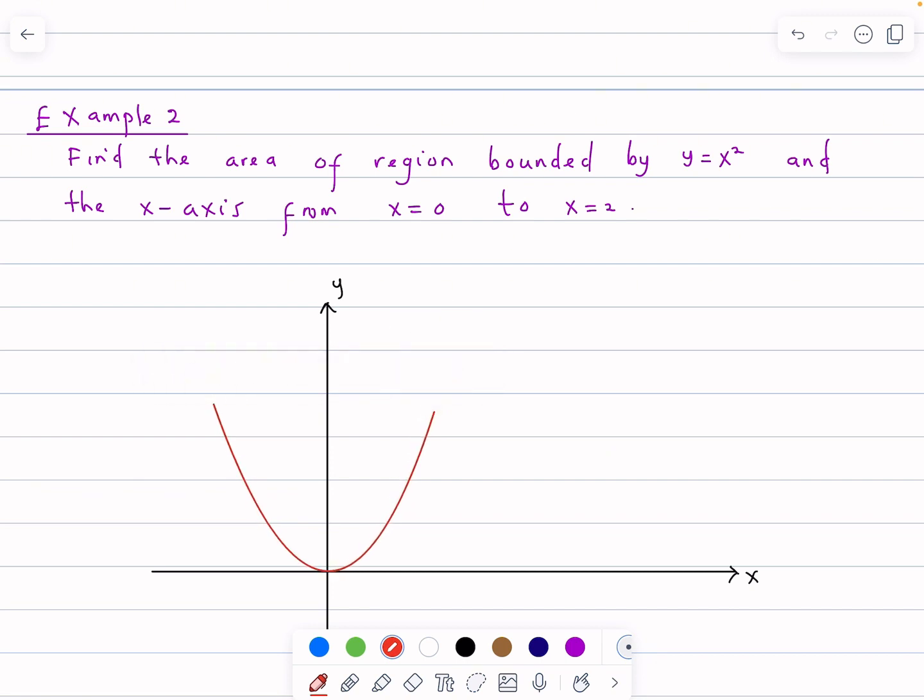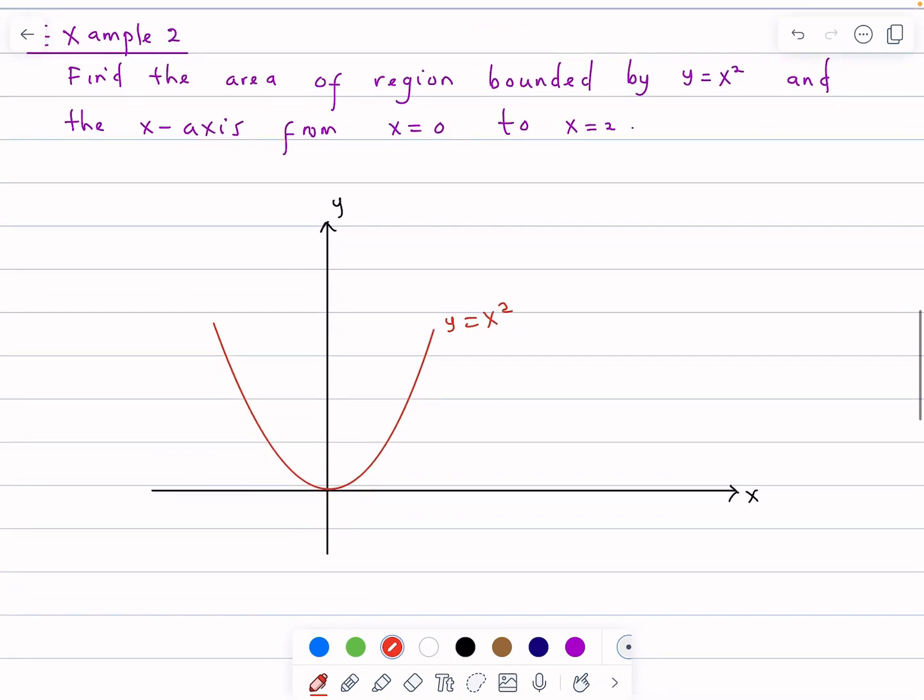So this is a quadratic graph, y is equal to x squared, right? Now, the x-axis is from 0 to 2.